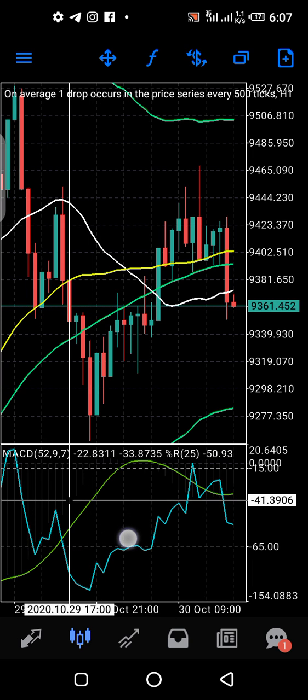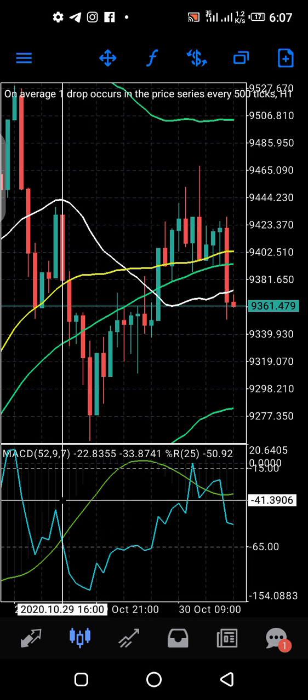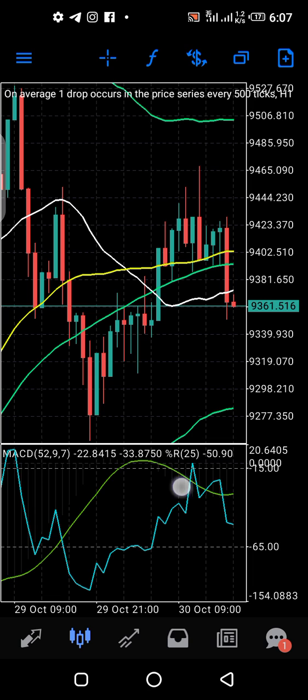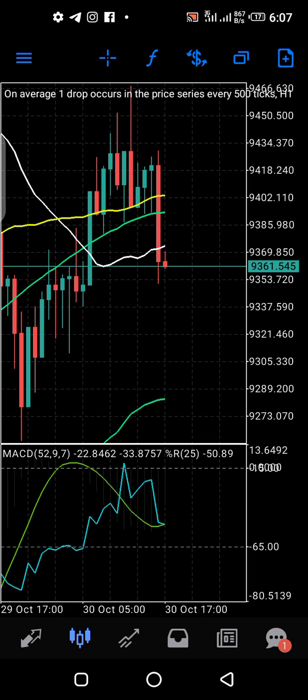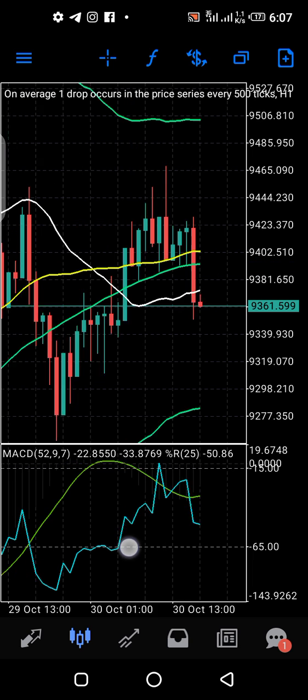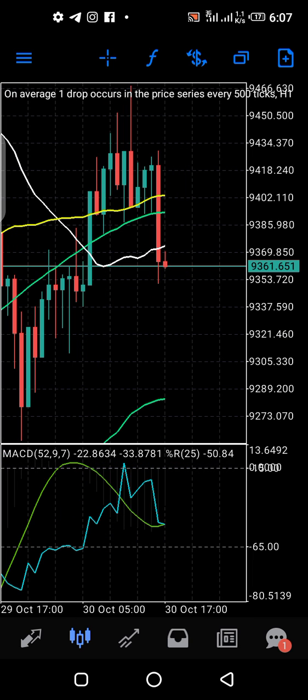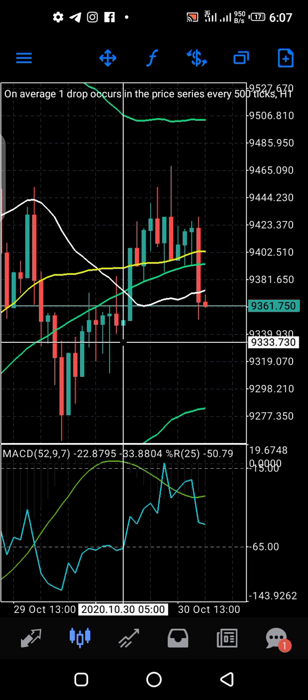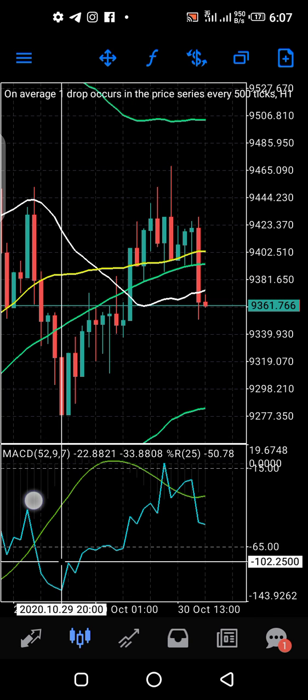Now, how do you catch these spikes? Listen attentively. These are the ways you catch spikes. Now, if these candles are forming, let's use this chart here.